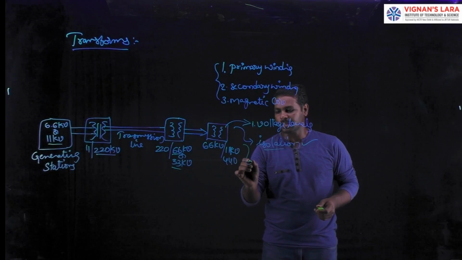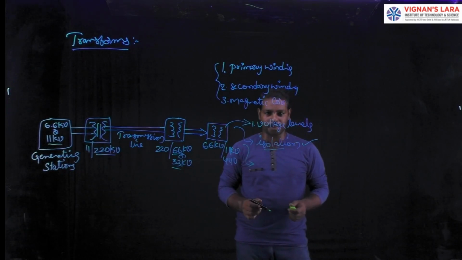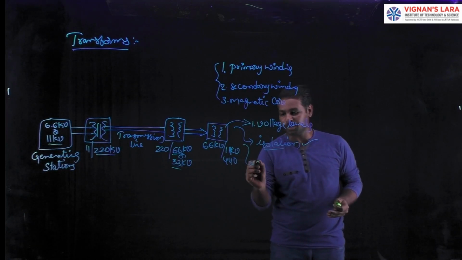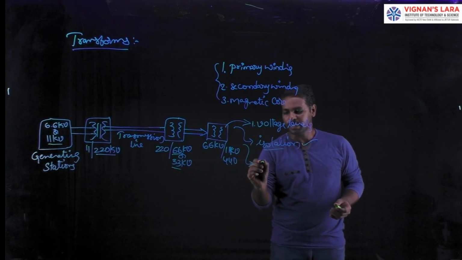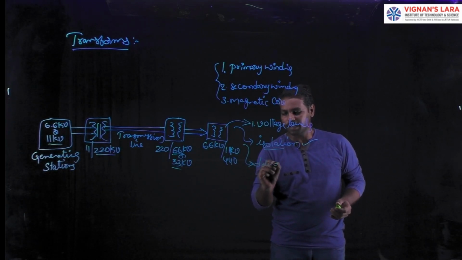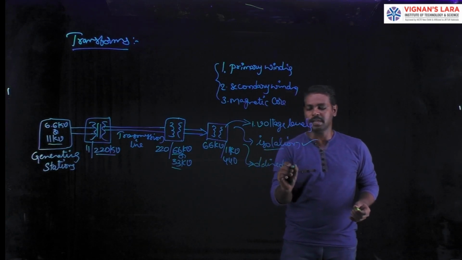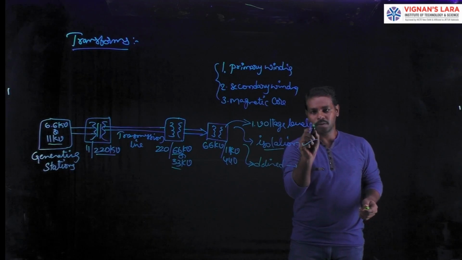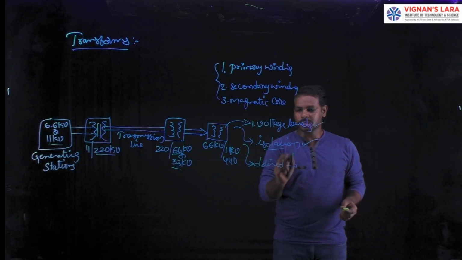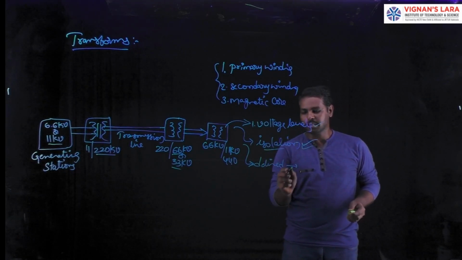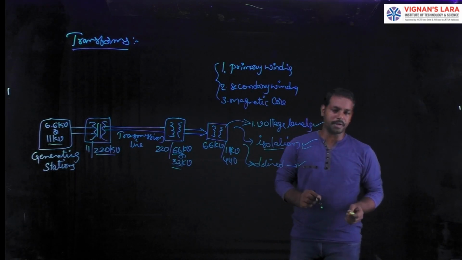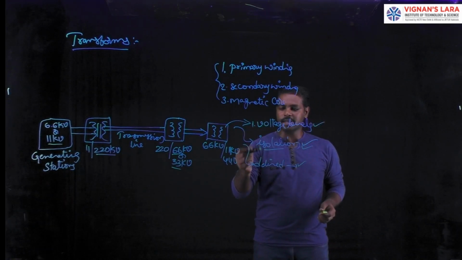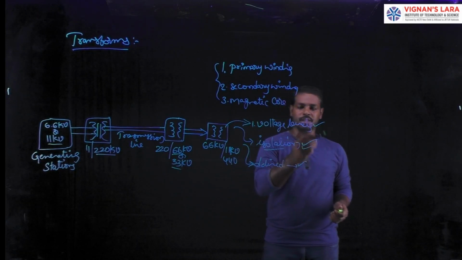Third, based on the load requirement, whatever voltage level is required, that much voltage is delivered by the transformer. That means one is voltage levels, second is isolation, third is load requirement. Based on these three conditions, power is distributed to the loads.